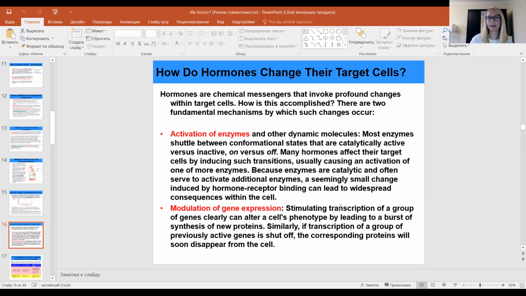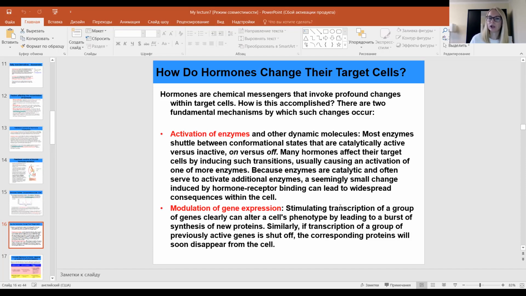Many hormones affect the target cells by inducing such transitions, usually causing an activation of one or more enzymes. Because enzymes are catalytic and often serve to activate additional enzymes, a seemingly small change induced by hormone receptor binding can lead to widespread consequences within the cell.